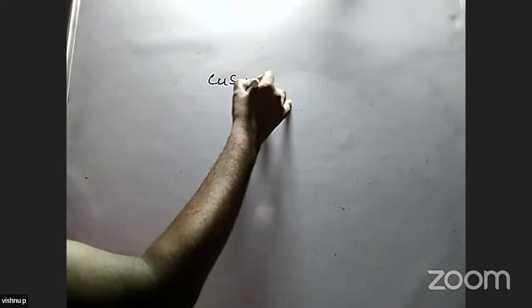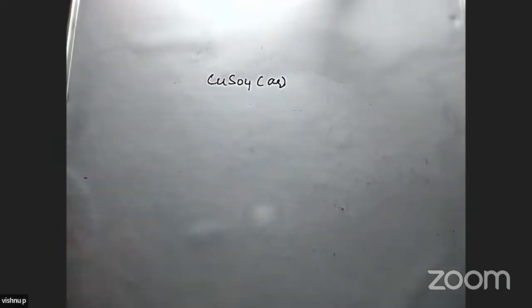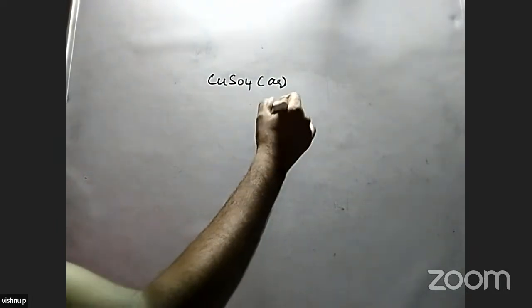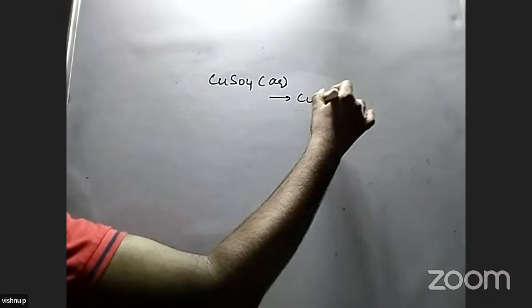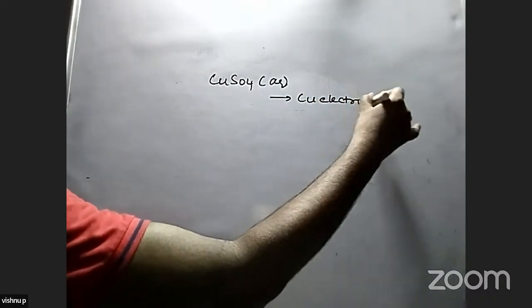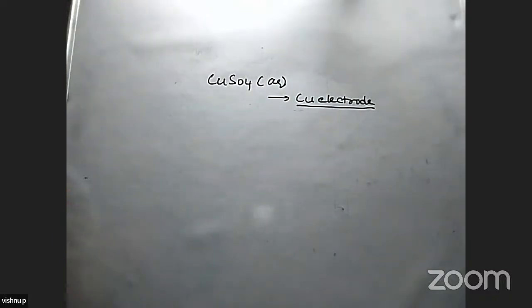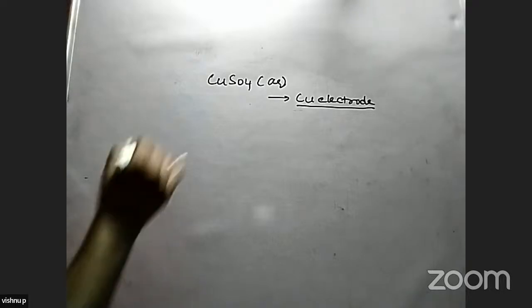So what happens if you use an active electrode? What products are formed when active electrodes are used? To take an example, copper sulfate solution, that is aqueous. Which electrode is used here? A copper electrode is used in this case. What type of products are formed here?